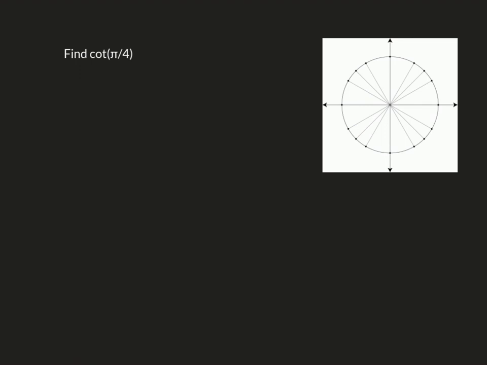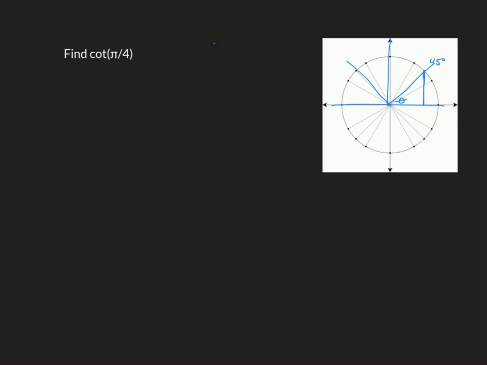Okay, so for me, I'm just taking pi and cutting it into fourths. Remember, pi is 180, and if I am cutting that into fourths, that's cutting it in half and then half again. I just need one of them, so I am dealing with a triangle right here. That is at 45 degrees because it is half of 90, or a fourth of 180, which is pi over 4.